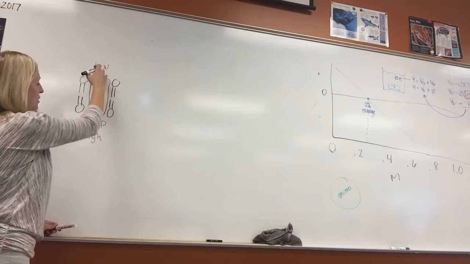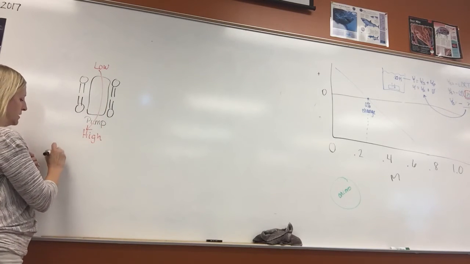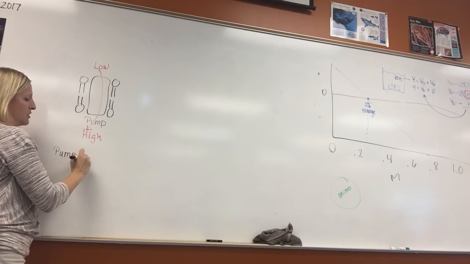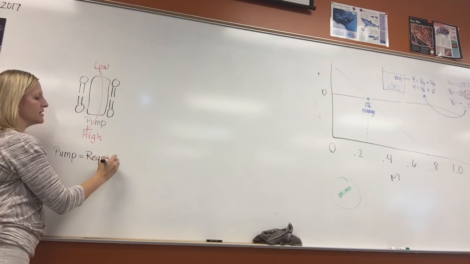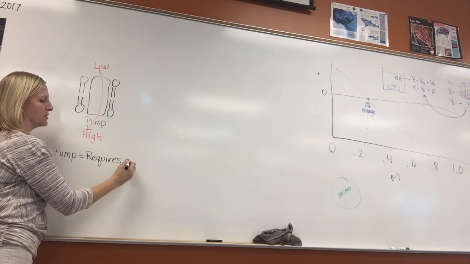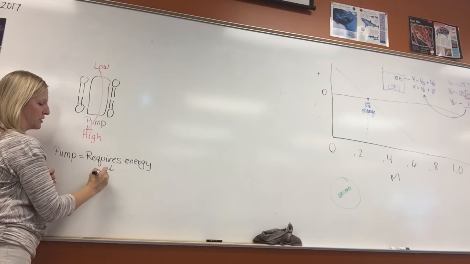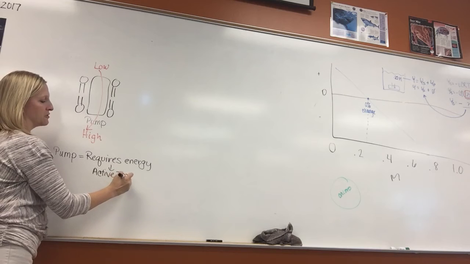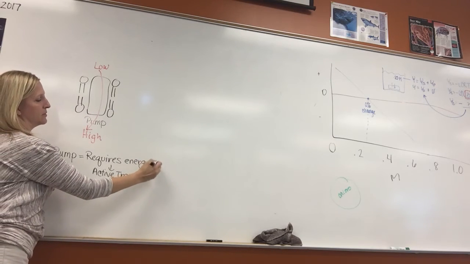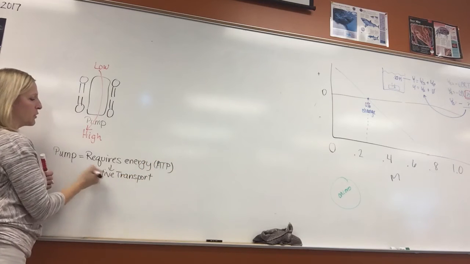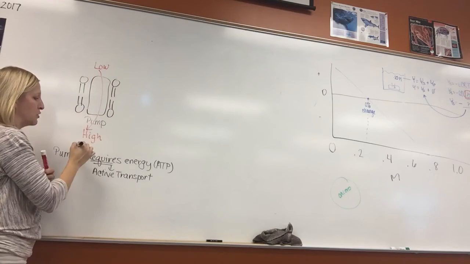And so it'll go from low to high. So a pump, whenever we see the word pump, usually means it requires energy, right? What's the term for the type of transport that requires energy? Yeah, this is active transport. And when it requires energy, what's the form of energy that is usually used? ATP. And it requires energy because, like I said, it goes against the concentration gradient from low to high.